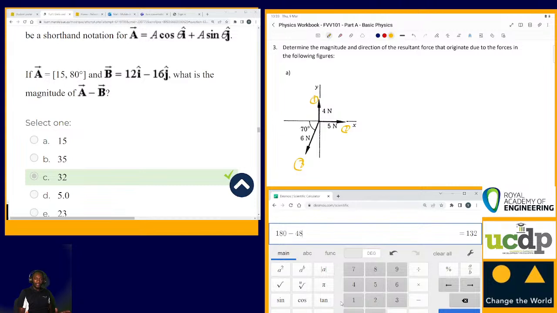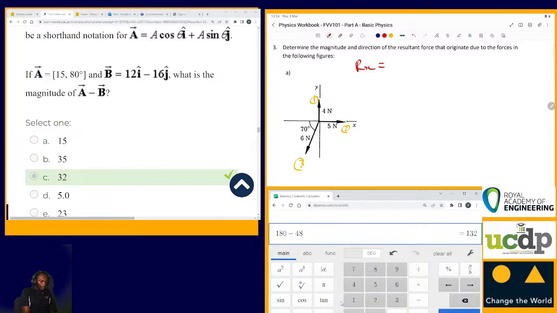That's where the concept of resolving comes into play. All right, so we'll look at forces in the x direction first. So we'll find the resultant in the x.